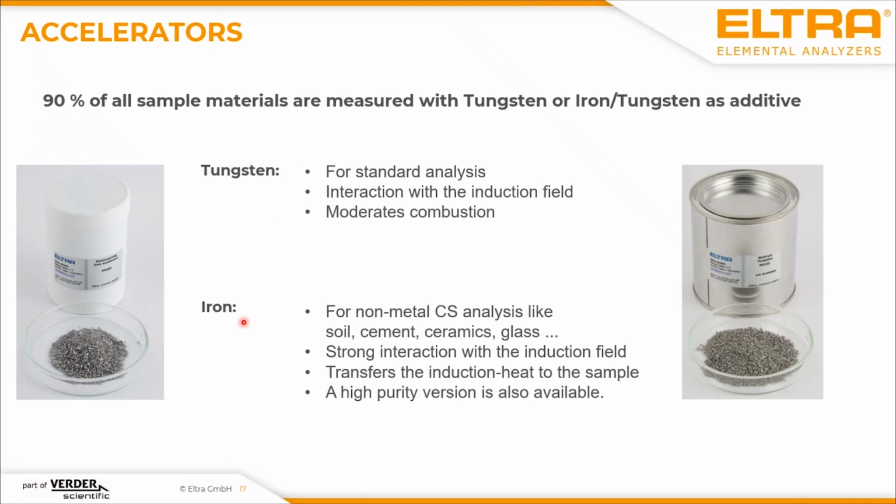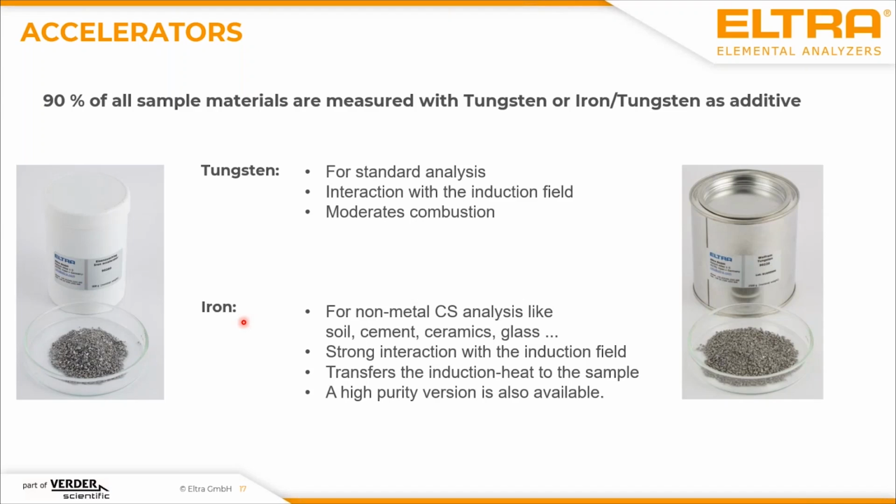Then we have iron. Iron is also very commonly used if you have substances or metals which do not interact with the magnetic field too well, especially, for example, ceramics or cement, but also metals, for example steel, let's say pig iron with a very high concentration of carbon, where the interaction with the induction field is not very good.